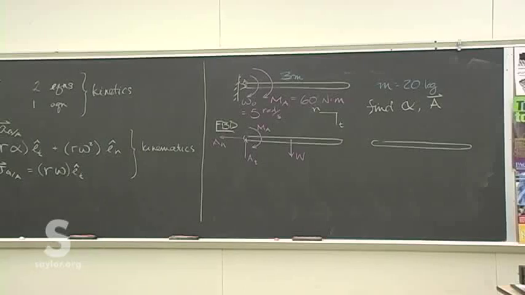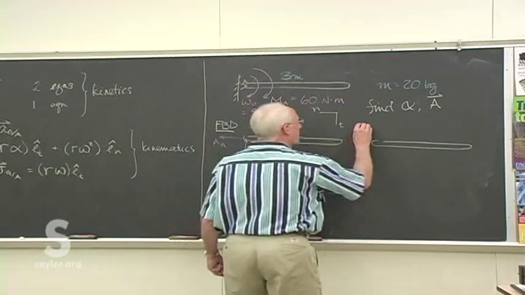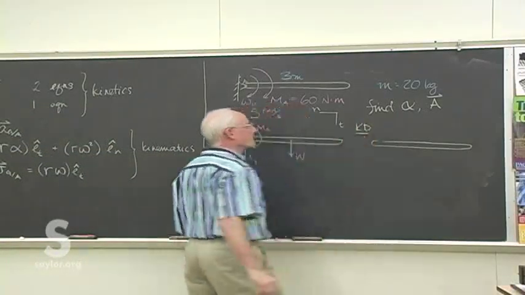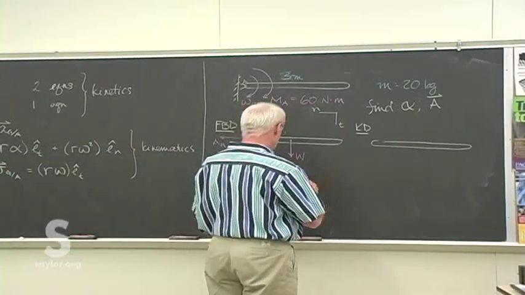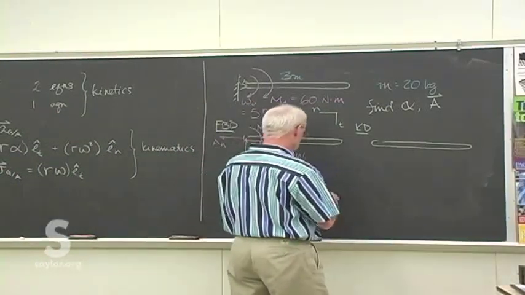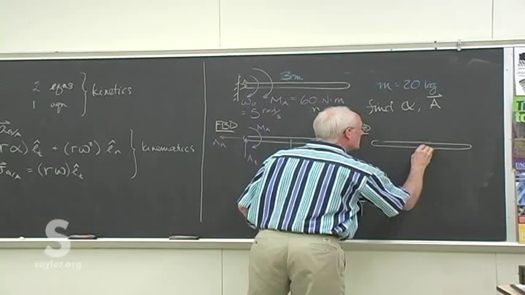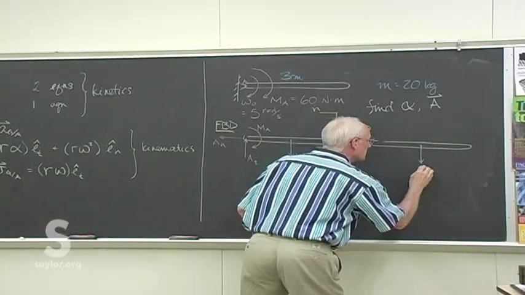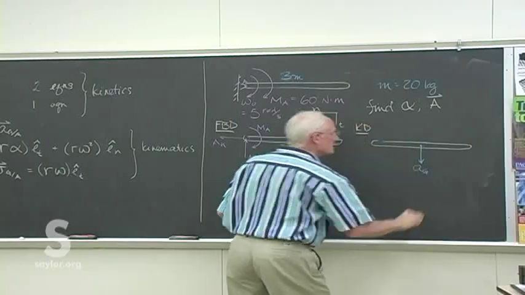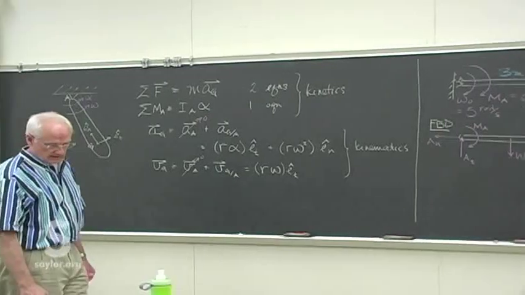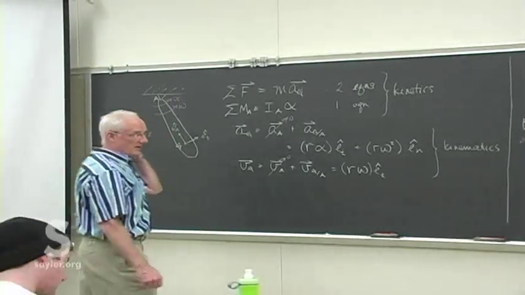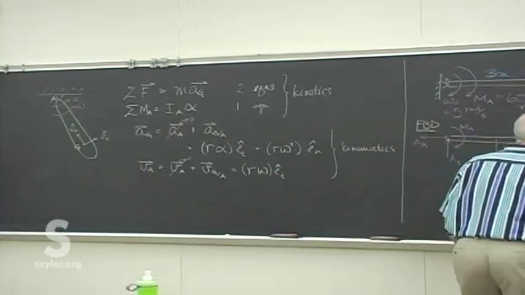All right, then the kinetic diagram, we'll put what we expect to be the result of any of these forces and moments as applied. So naturally, we expect that the center of gravity will accelerate. Well, that's our tangential direction, so let's just leave it as that.